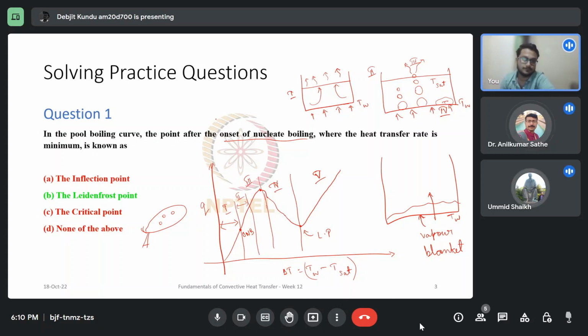So if we take a closer look at it, let's say this is the hot surface, and we put one drop of water over it. What happens? The thing that we see in the Leidenfrost point, that a vapor blanket forms. Similar things happen.